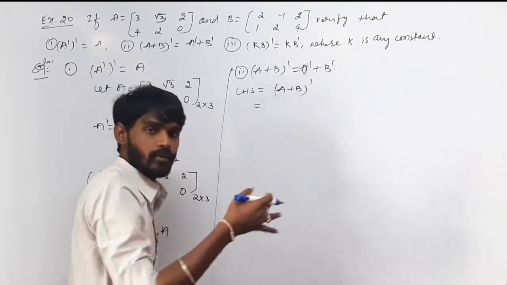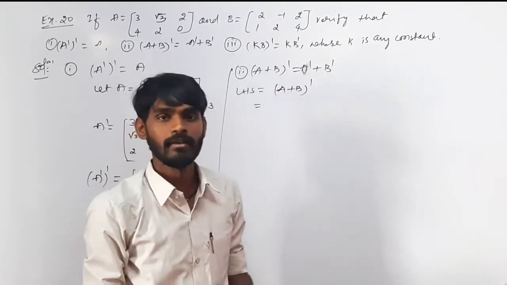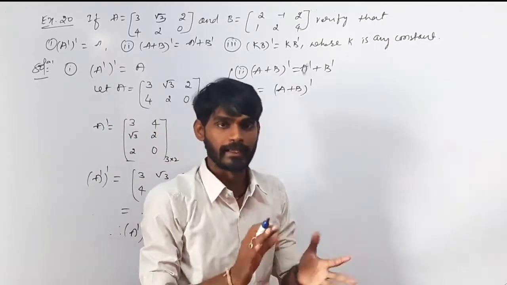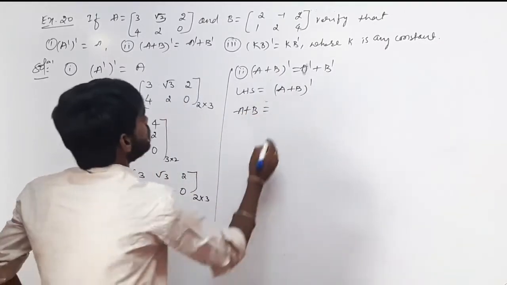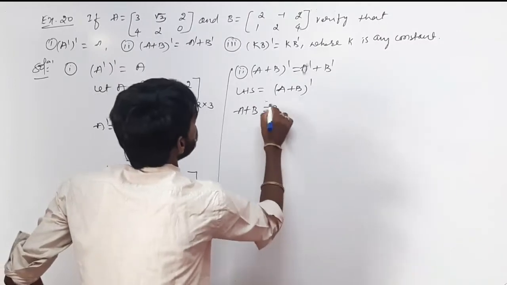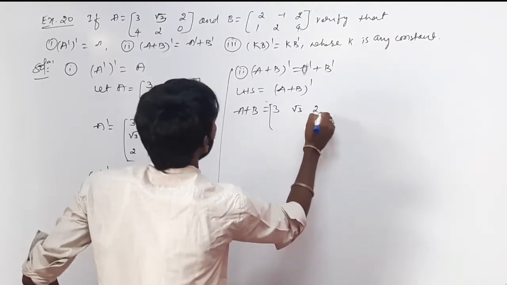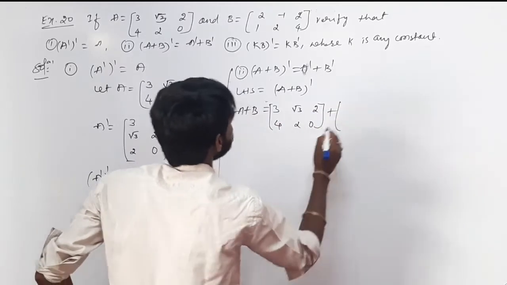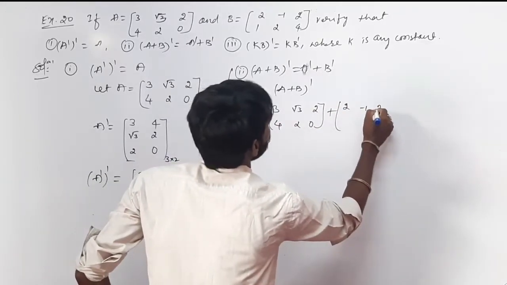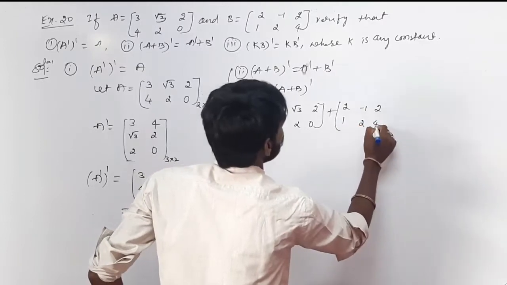When you are going to solve an algebraic expression, first we solve the bracket. Next, A plus B is equal to the A matrix 3, root 3, 2, 4, 2, 0 plus the B matrix 2, minus 1, 2, 1, 2, 4.